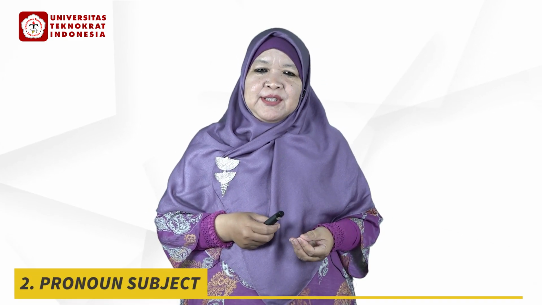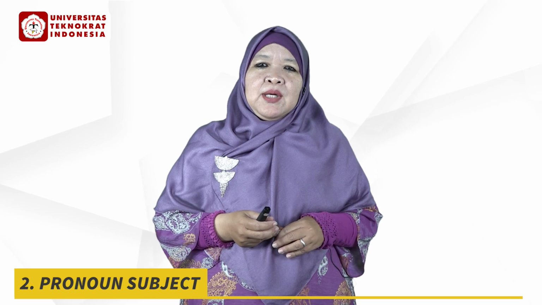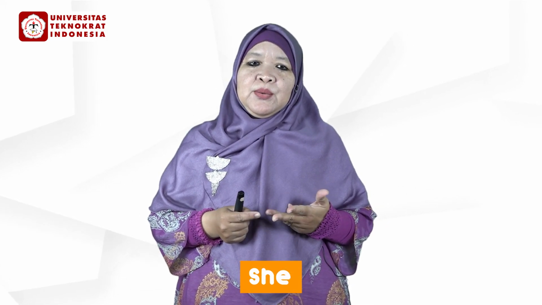Now we come to the second type of subject, which is called pronoun as subject. I think you still remember when you studied grammar 1, the class of word, and you know the word pronoun refers to the word that replaces a noun. So here we have the word I, he, she, we, they, you, and it.